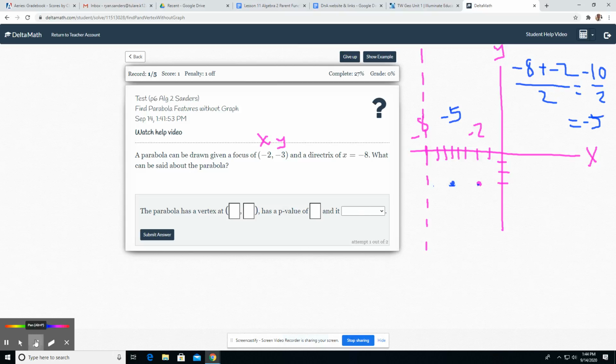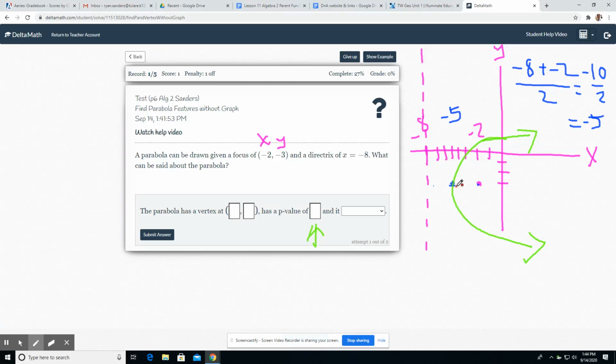Okay. So now let's go ahead and answer a few more of the questions, or draw it a little bit more too. So we know that it's going to be facing something like this, as a parabola faces away from the directrix. And the next thing we need is a p-value. P-value, looks like we're almost done here. And that's this distance right here. So let me go ahead and use a different color.